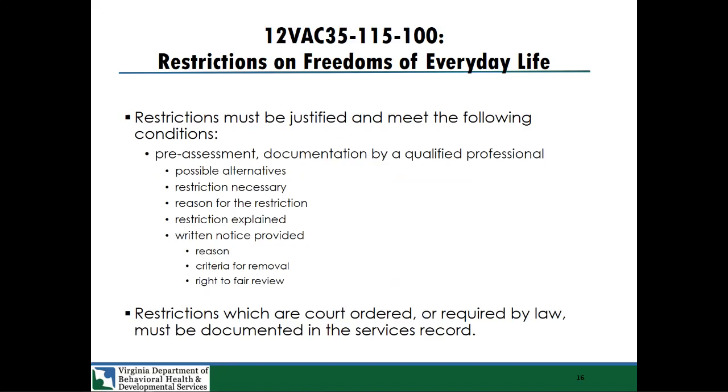Additionally, that qualified professional must, 1, document all possible alternatives to the proposed restriction in the services record. 2, have determined in advance that the proposed restriction is a necessary factor in effectively treating the individual or is a measure of preventing the individual from being harmed, injured, or succumbing to death. 3, have documented the specific reason or reasons for the restriction in the services record.